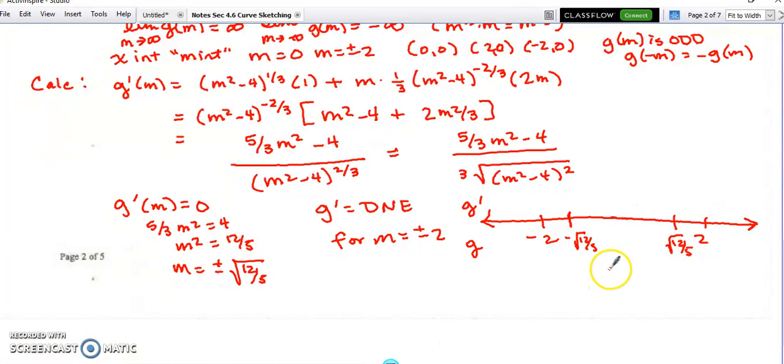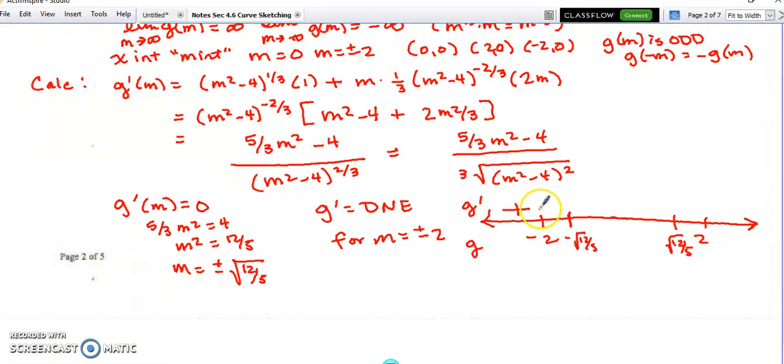All right, and then we have to figure out our sign chart for this. So for our first derivative, just plug and chug. The top part right here, pick a value like negative 10, is going to be positive. Negative 10 here is going to be positive. Positive over positive is positive.